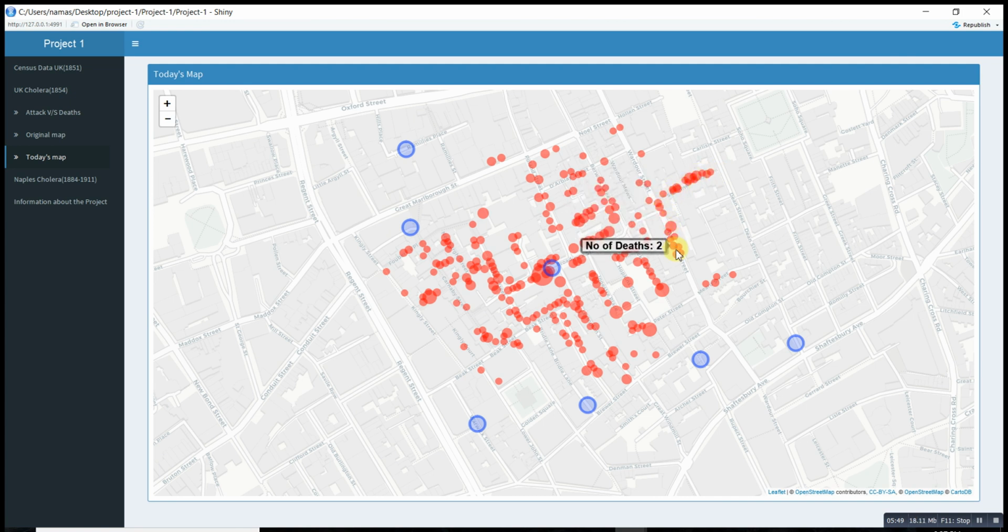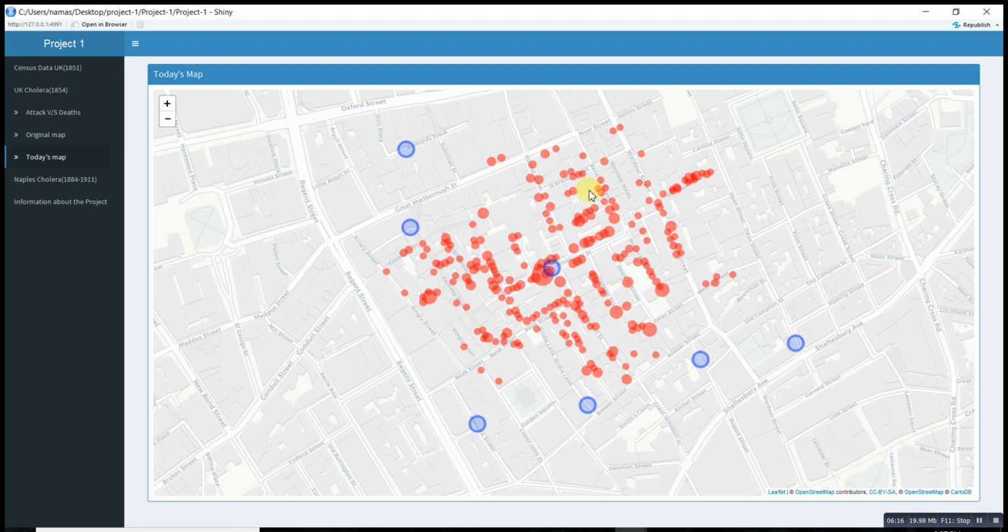If the death count is 1, it is a smaller circle, and if the number of deaths is more, it's given a bigger circle. For 15, as you can see, it's a bigger circle, and for 1, it's just a small circle. This shows a good visualization of where more deaths have occurred, and around this pump, more deaths have occurred.